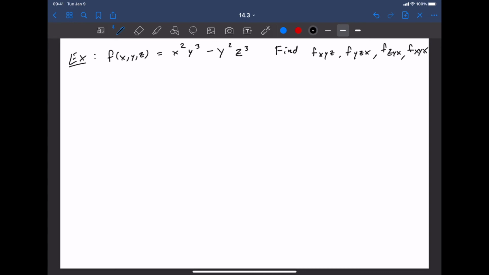Okay, now you know some of these are going to match if you pay attention to Clairaut's theorem. But the exercise is to try to make sure you can do this. It's a good test of your abilities right now to verify Clairaut's theorem, so to speak.